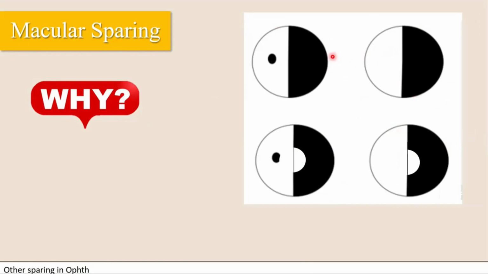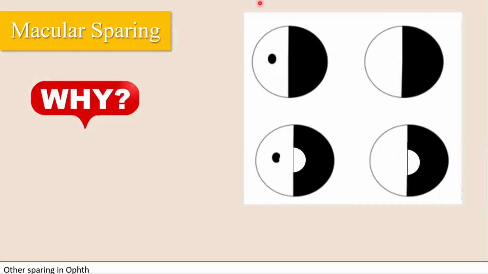So this is the right and left eye of a case, and this is the right and left eye of another case. Both are right homonymous hemianopia, okay? Respecting the vertical meridian, of course, and complete, like the whole temporal half here and the whole nasal half here.